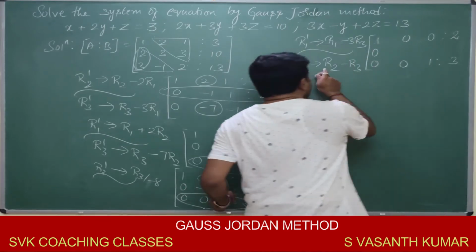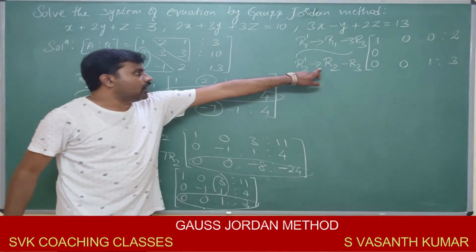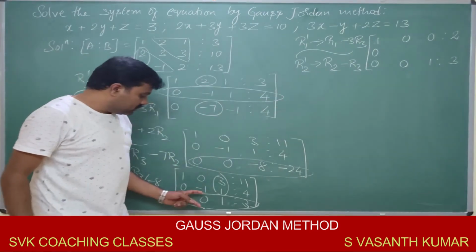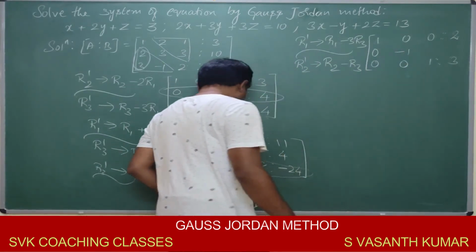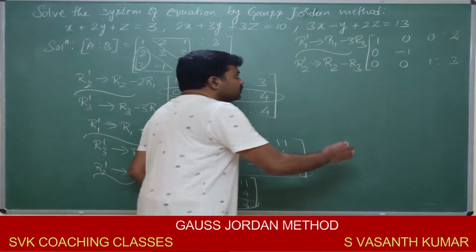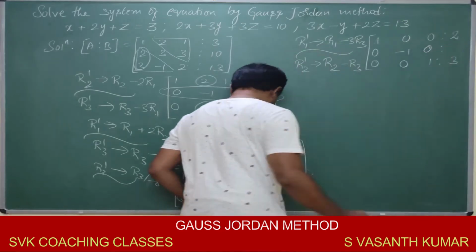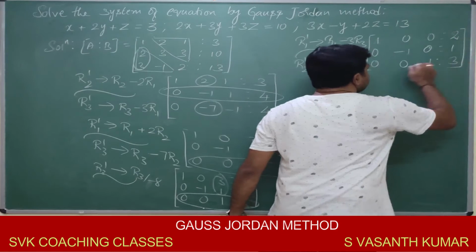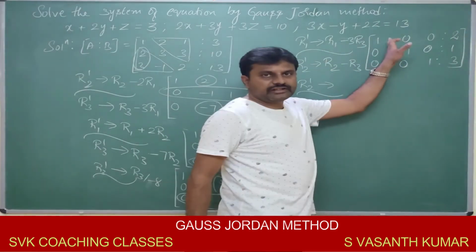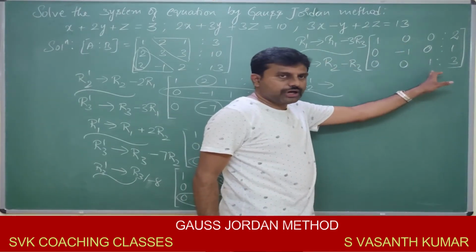Minus 1, as we are not disturbing R2. R2 is not multiplied by any value, so minus 1 plus 0 is minus 1 itself. 1 minus 1 is 0. 4 minus 3 is 1. Now make the leading entries, the diagonal elements, as 1.